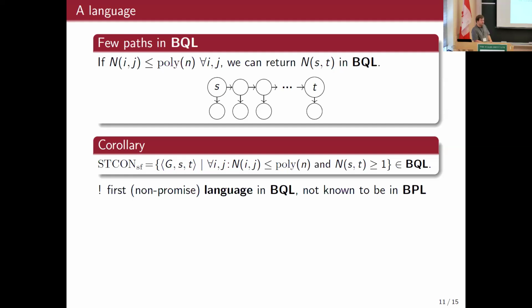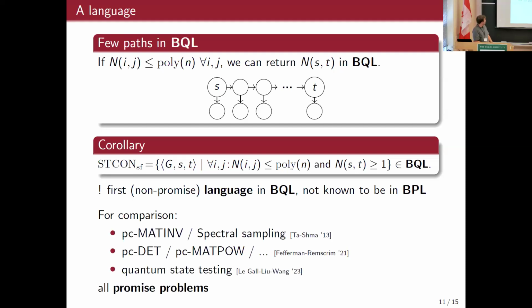And this is interesting because all previous problems which were considered were inherently promise problems and not language problems. So this is a small list of problems. Most of these are linear algebraic problems, and then from the space-efficient QSVT paper, they presented some BQL-complete problems based on state testing.